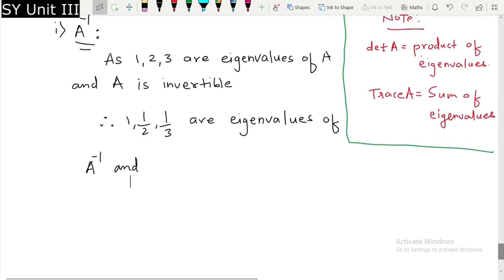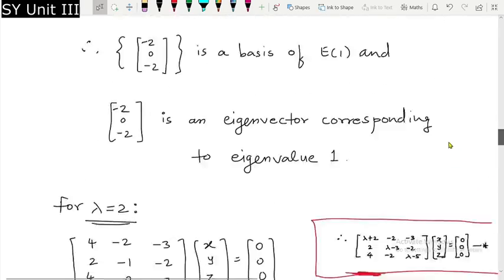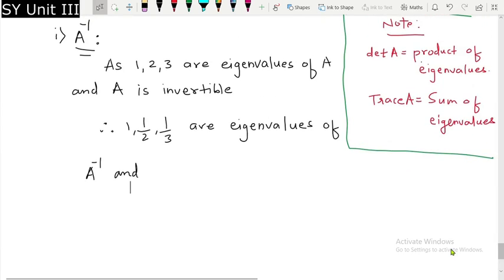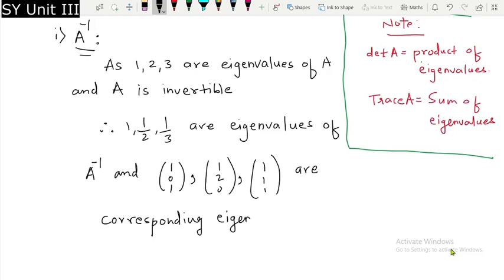So what was the eigenvector corresponding to eigenvalue 1? I think it was 1 0 1, isn't it? Yeah, it was 1 0 1. So minus 2 0 minus 2 is same as 1 0 1. And the corresponding eigenvectors are 1 0 1, 1 2 0, and 1 1 1. With the help of this you can write the basis of the eigenspaces also. So that is not an issue.